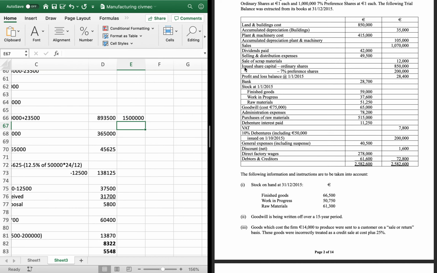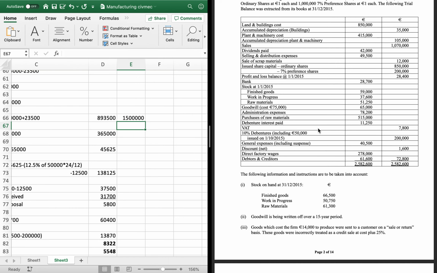The two share capitals are financed by profit and loss. It's a credit, so it gets added onto our profit. Bank, we've done. Three opening stocks. Finished goods in the trading, the other two in the manufacturing. Goodwill, we've changed. Admin goes into admin. Purchases of raw materials has been changed. This debenture interest paid we don't do anything with.